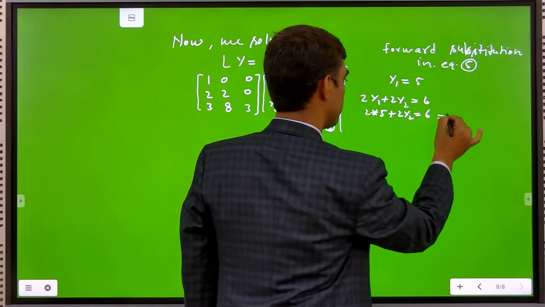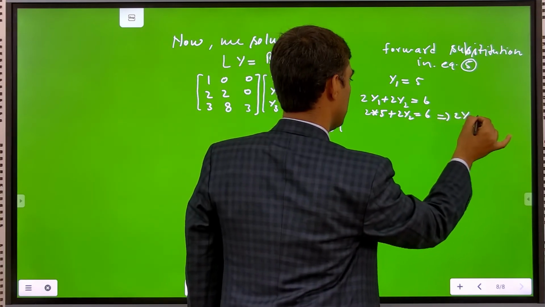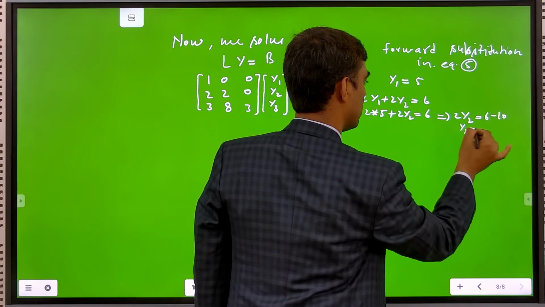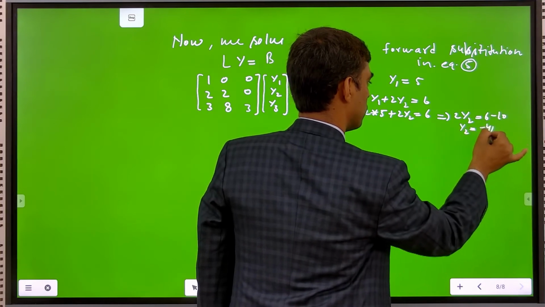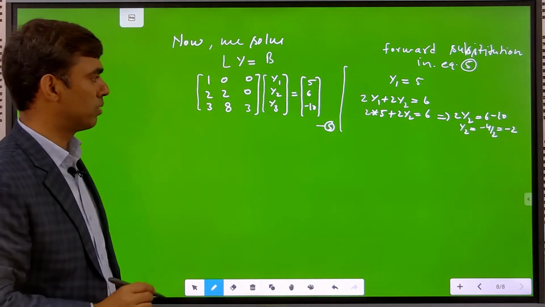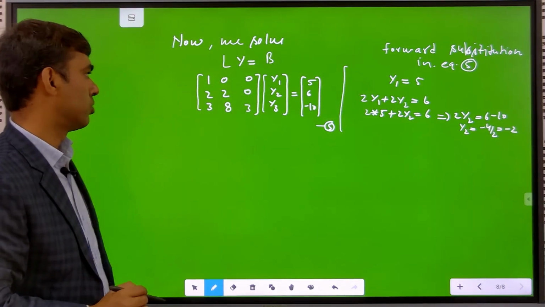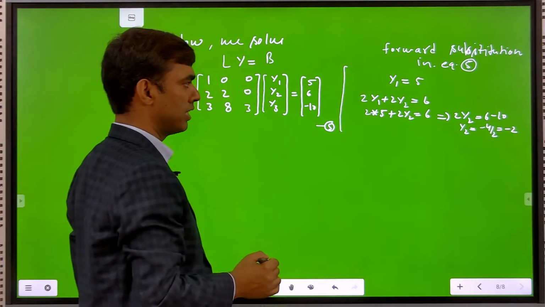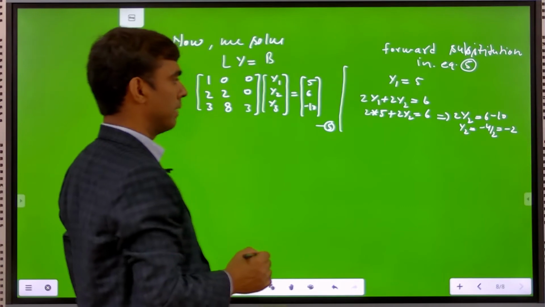Then 2y2 equals 6 minus 10, so y2 equals minus 4 by 2, which is minus 2.